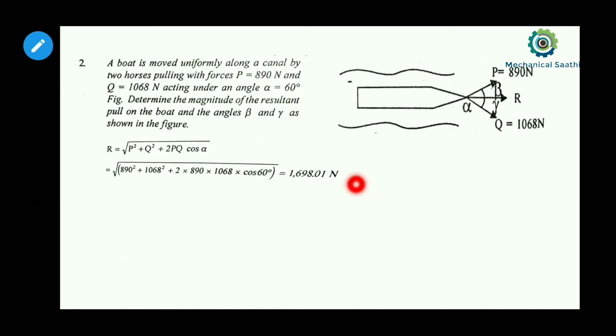Here we got the value of the resultant R as 1698.01. After finding the resultant, we need to find the angles beta and gamma.